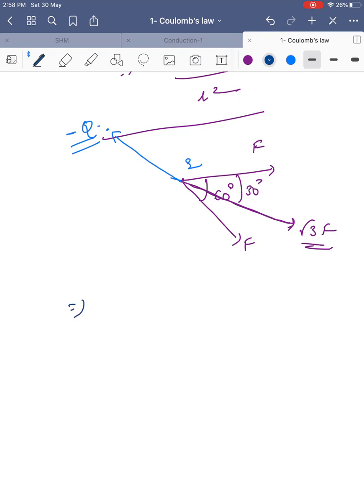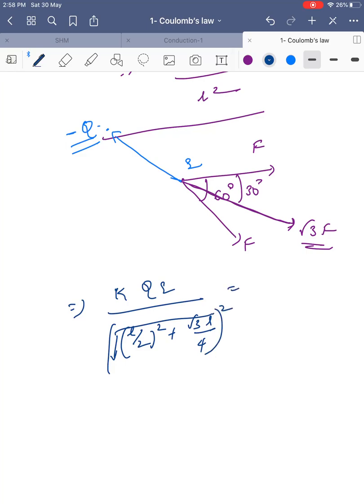And F is equal to K Q by the distance we got, L by 2 whole square plus root 3 L by 4 whole square, under the square root. It is equal to K root 3 into F. What is the F value?